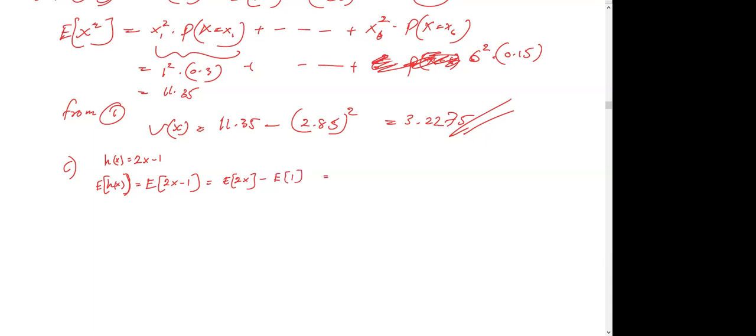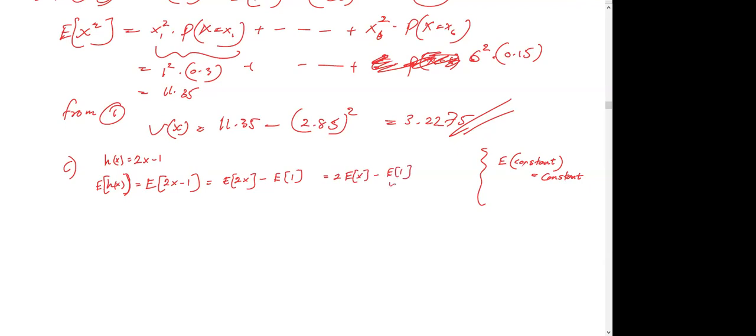Expected value of a constant equals that constant. 2 is a constant, nothing to do with expected value, so you can write it 2 times expected value of x minus expected value of 1.